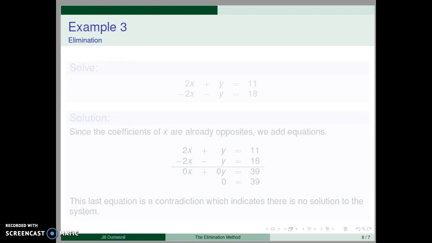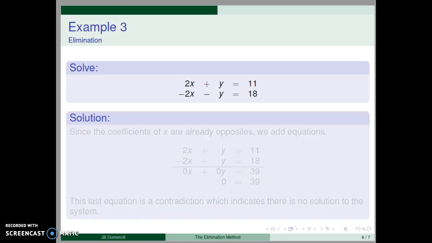In our final 2 examples, we will consider the cases in which the system fails to have a unique solution. First, let's solve the system with equations 2x + y = 11 and -2x - y = 18. Notice that the equations already have opposite coefficients for x.